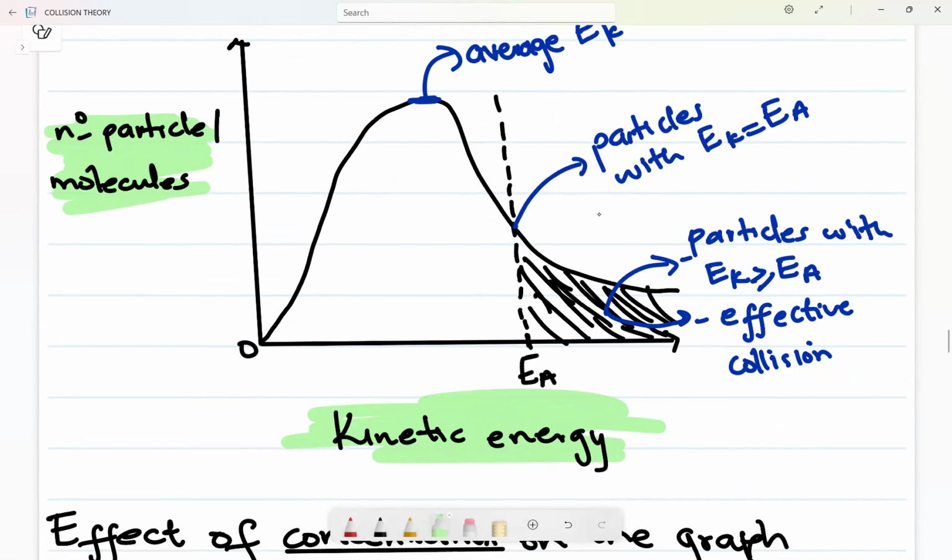Just take note of the area under the graph. We'll talk about that. I'll come to that now.